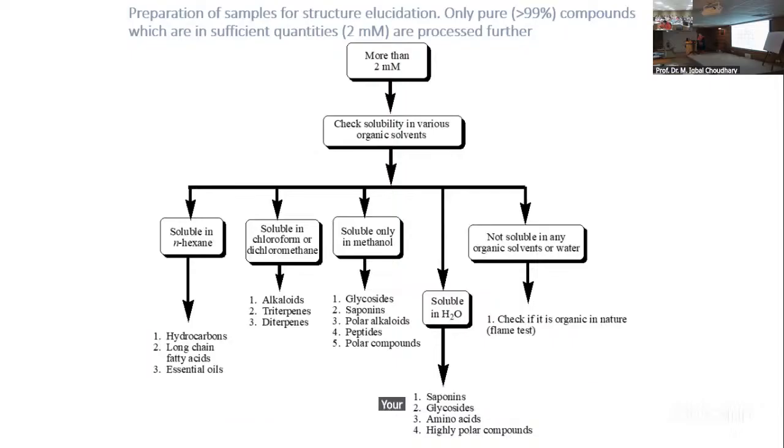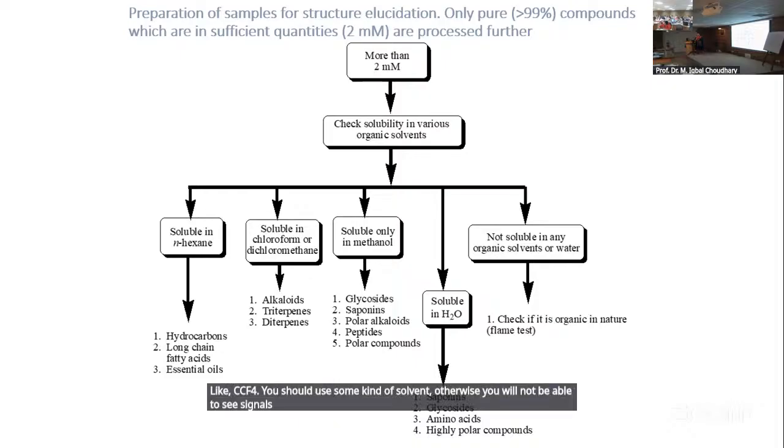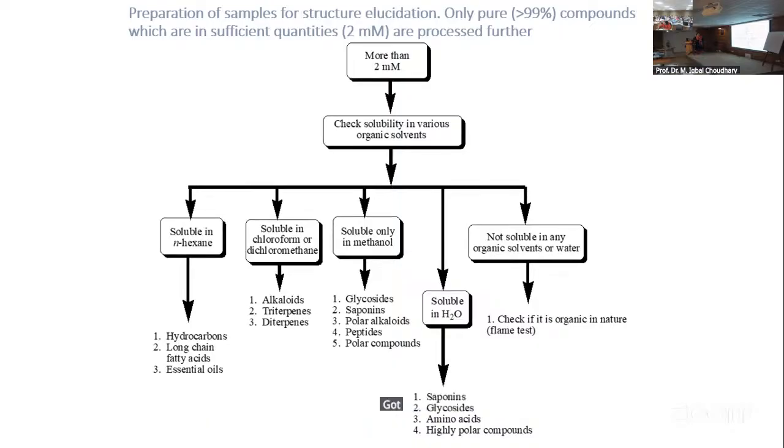So if you do not want to use deuterated solvent, or you think it's very expensive and you cannot afford it, then you have to use a solvent that doesn't have hydrogen, like CCl4. You should use some kind of solvent, otherwise you will not be able to see the signals of your own sample. Got it? All right.